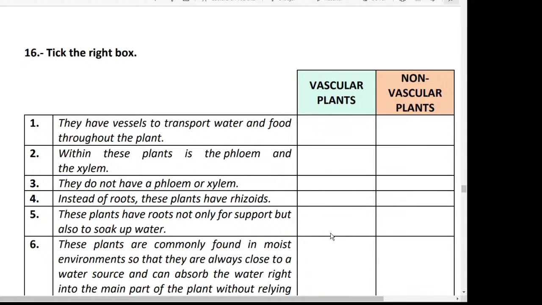So what do you think? Are they vascular or non-vascular plants? Number 1. They have vessels to transport water and food throughout the plant. What do you think?